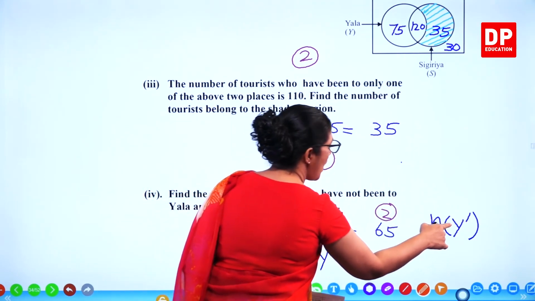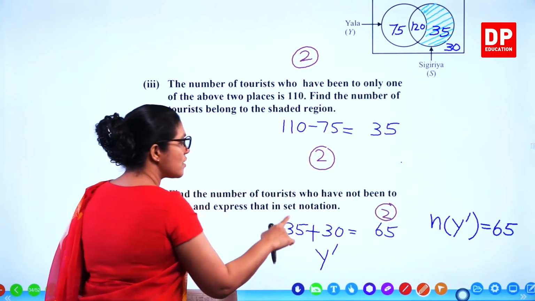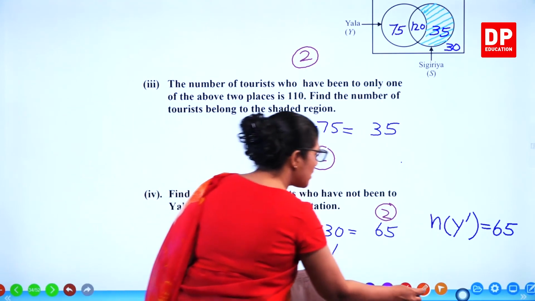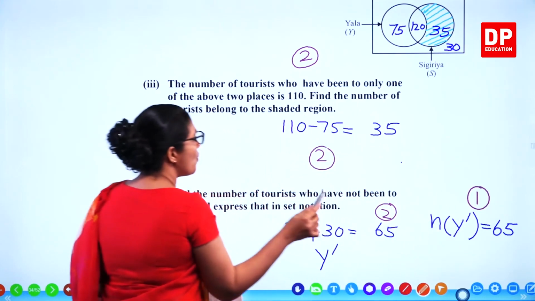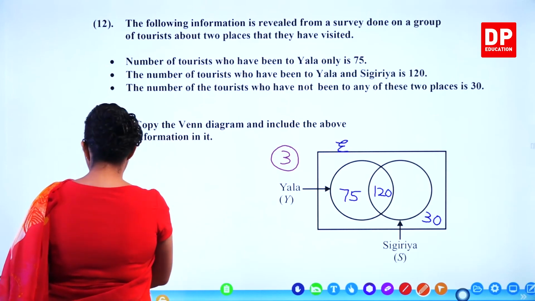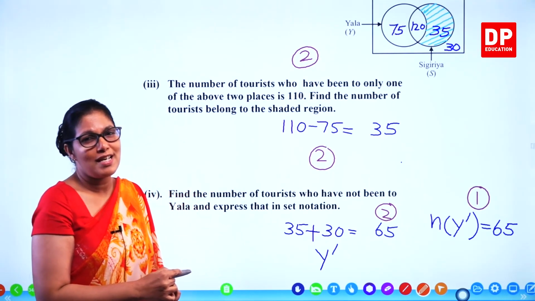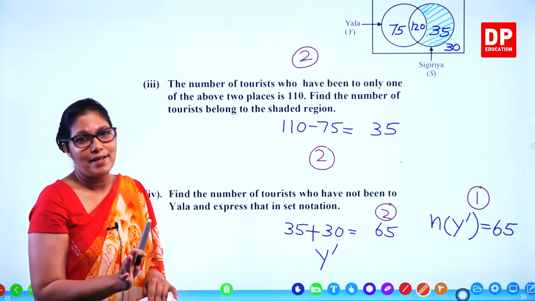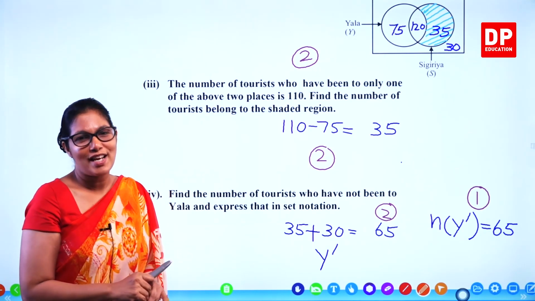Number of elements in Y dash is 65. In set notation you have to give not just the set. So then you get 1 mark there as well. So 2, 3, 4, 5, 6, 7 and 3 marks here. 10 marks for the whole question. So this is the last question in paper 2. So make sure that you do the whole paper, and then watch my video to check your answers.